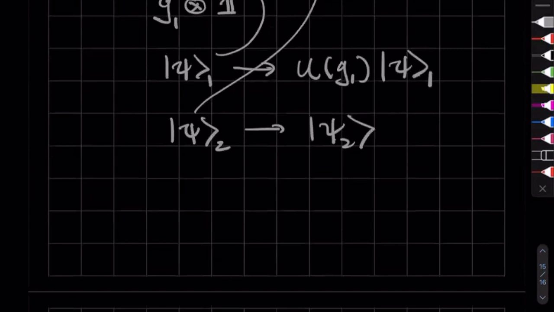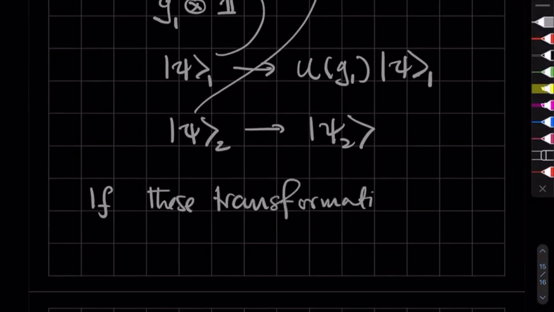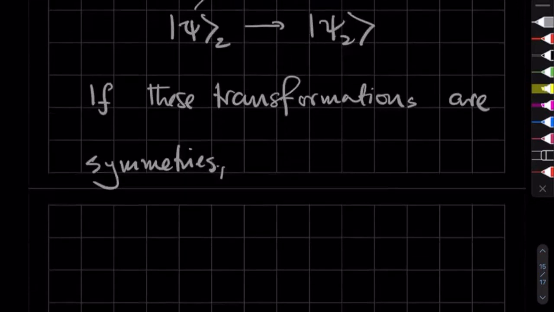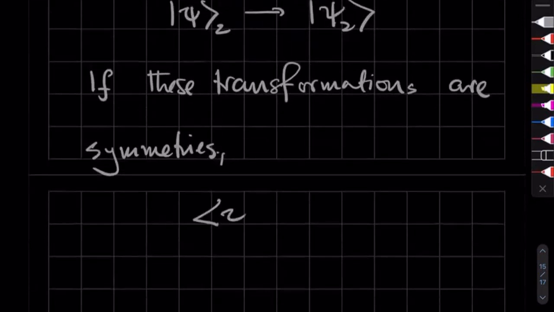And it's important because if these transformations are symmetries, so for example, if you have a time-independent Hamiltonian, then time translating it will not change the energy. So if these transformations are symmetries, then the inner products will have to remain invariant.